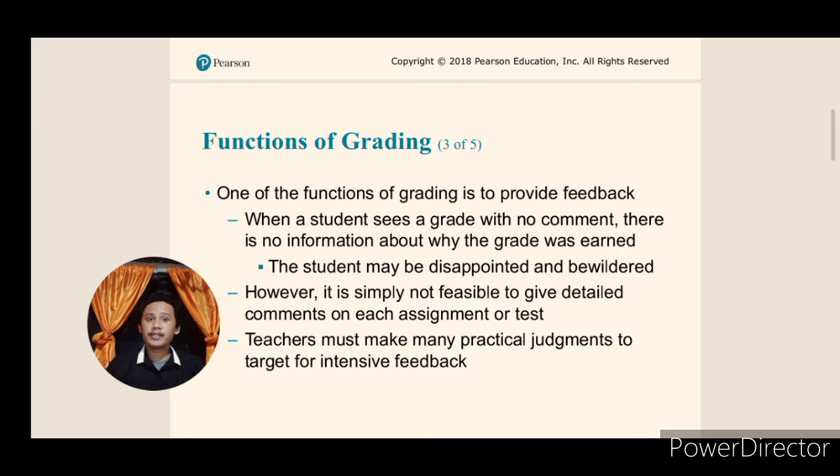Okay, and now let's proceed to the functions of grading. One of the purposes of a grading system is to give feedback to students so they can take charge of their learning, and to provide information to all who support them, such as teachers, special educators, parents, and others. When students receive a grade with no comment, there is no information about why the grade was earned.